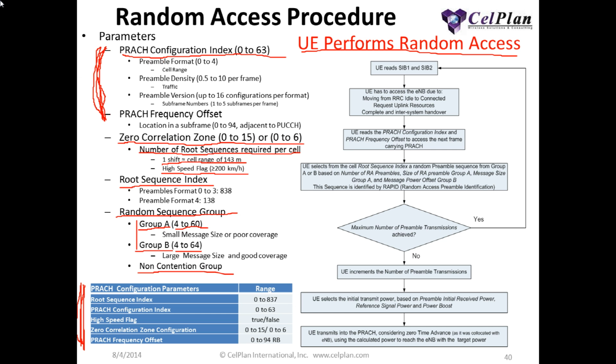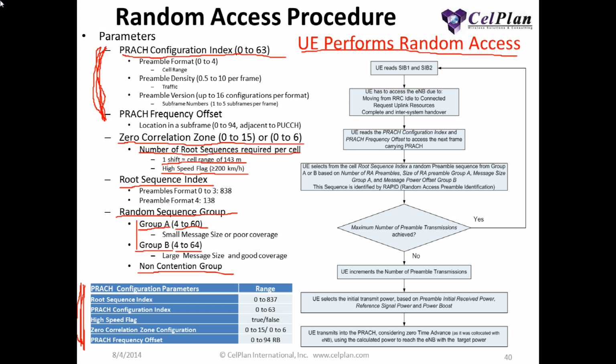The reason for this is to allow the UE to send an implicit message when it chooses one of the groups. So as I told, the Zadoff-Chu code doesn't carry any information. So one way to convey some kind of information was to allow the UE to choose between 2 groups, Group A and Group B. And Group A means that, look, I have a small message to send, or I am in a very poor coverage area.